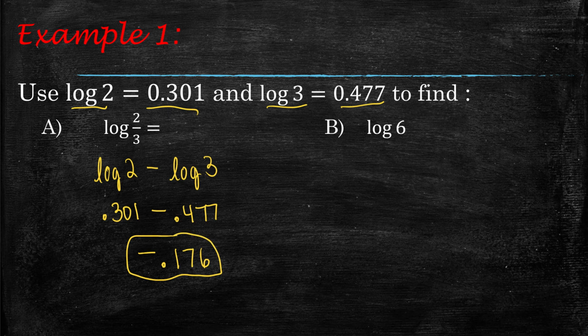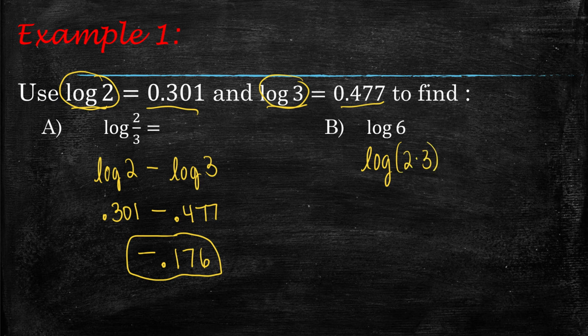All right, in this next one, log of 6. Now, we want to try and use our power property or quotient property, but we only know the log of 3 and the log of 2, so we have to be able to use 2 and 3 to make 6. And so the way to do that would be to do log of 2 times 3, right?